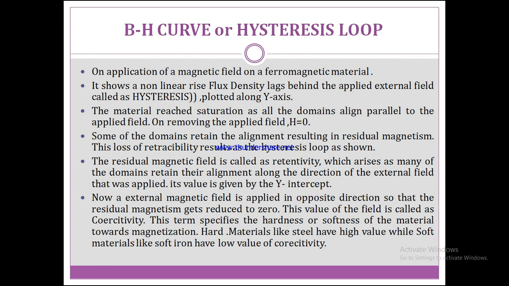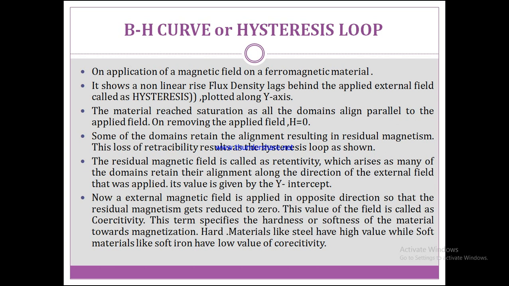This value of the field is called coercivity. This term specifies the hardness or softness of the material towards magnetization. Hard materials like steel have a high value of coercivity, while soft materials like soft iron have a low value of coercivity.